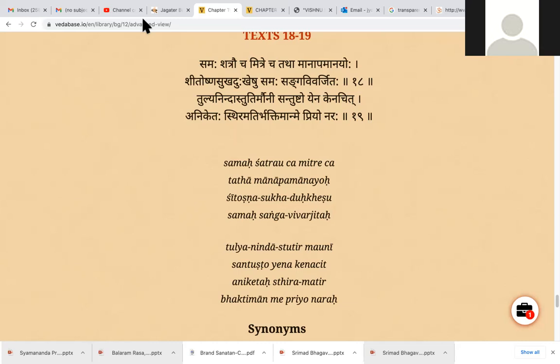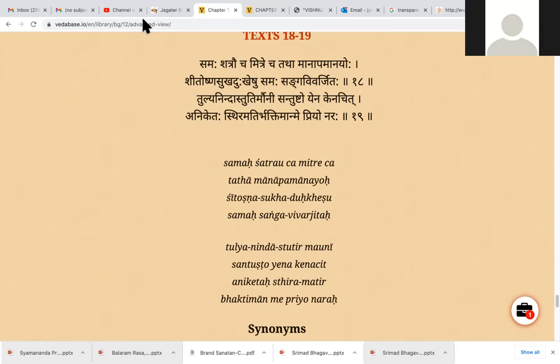Aniketa sthiramatir. Bhaktiman me priyo narah.